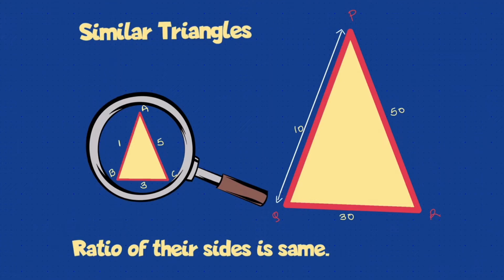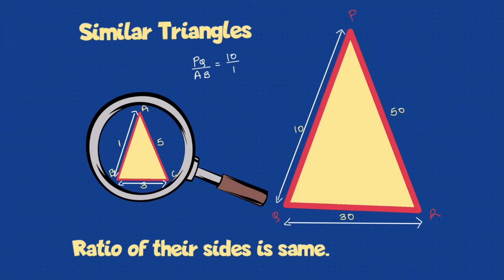So PQ is 10. AB is amplified as PQ, right? So what is PQ upon AB? PQ upon AB is 10 upon 1, so the ratio is 10. Similarly, let's take QR. What is QR? 30. BC is amplified as QR.